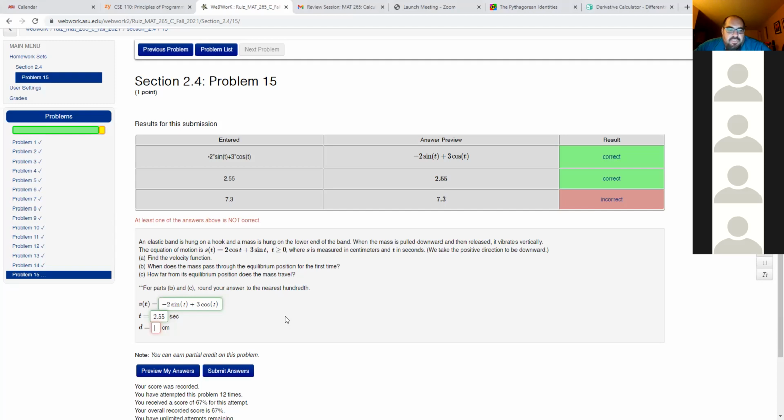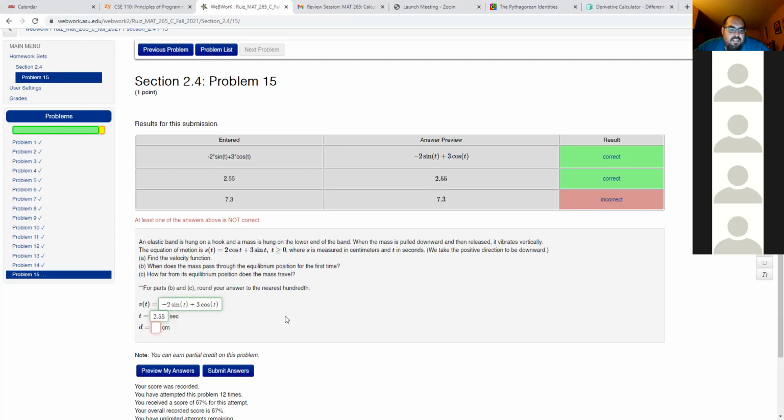I assume the equilibrium position is where s equals 0. Okay, well, actually I think it's where the velocity is equal to 0. Oh, that makes sense.